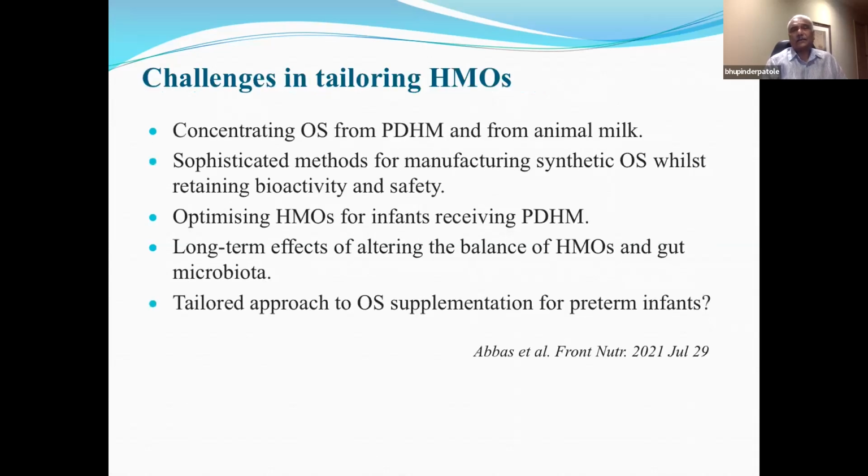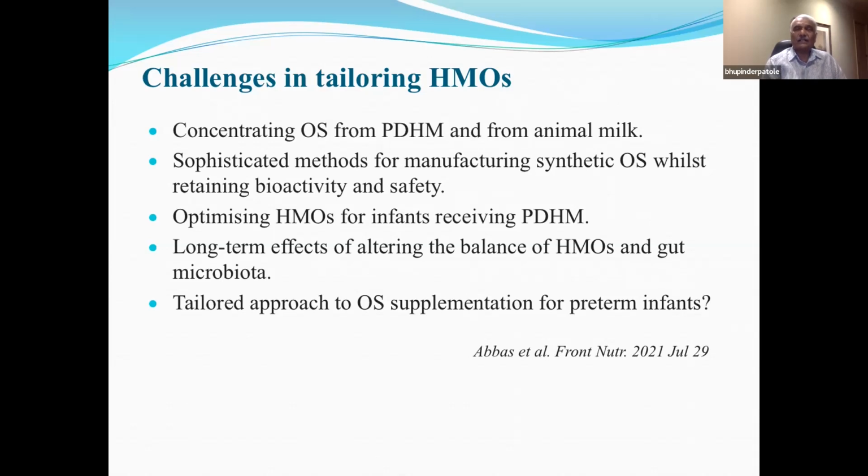The challenges are quite clear because the natural structure of the human milk oligosaccharide is so complex that even the best of the best scientists in the laboratory find it very difficult to develop them synthetically, no matter how sophisticated the current methods are for manufacturing them in the lab. Secondly, we don't know what's the optimal level of supplementation, or what is the role of HMOs for babies who are on donor human milk.